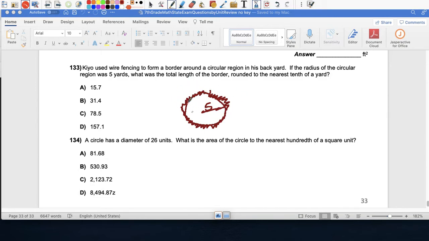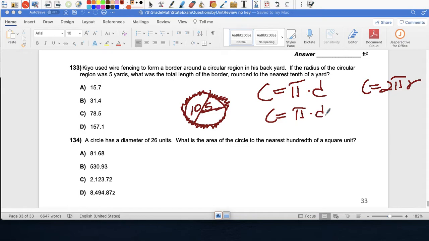So what's the distance around the circular region? So C equals pi d. I like to use this one. You can use this. If the radius is 5, we know the diameter is 10. So all we've got to do is pi times d, and obviously this time we want to multiply. So pi times 10 is simply 31.4.